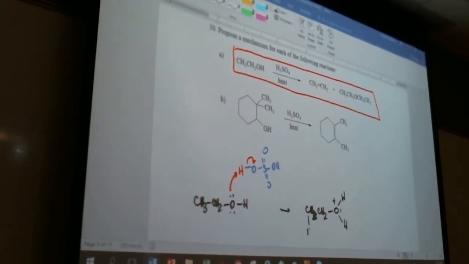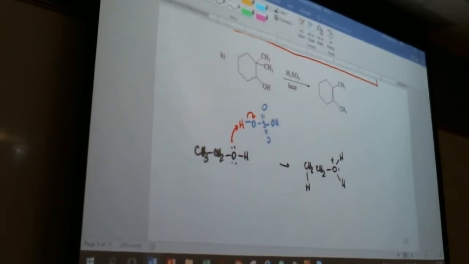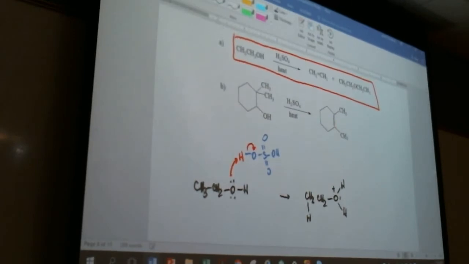Let me write this like this. I could potentially have this leave, except that would give me a primary carbocation, and those things are not easy to form. So let's consider this as substitution and elimination reactions.